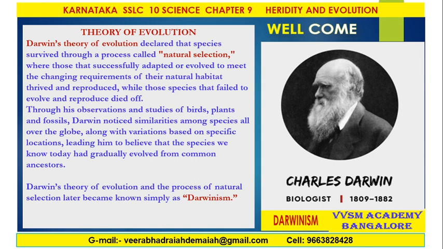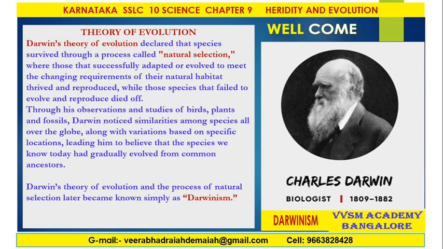and reproduce died off. Through his observations and studies of birds, plants, and fossils, Darwin noticed the similarities among the species all over the globe on the planet Earth, along with the variations based on specific locations, leading him to believe that the species we know today had gradually evolved from common ancestors.